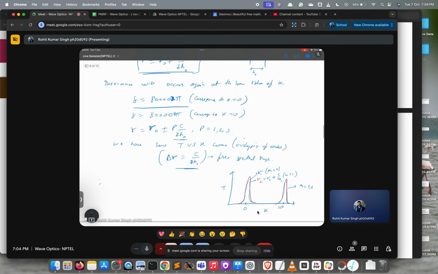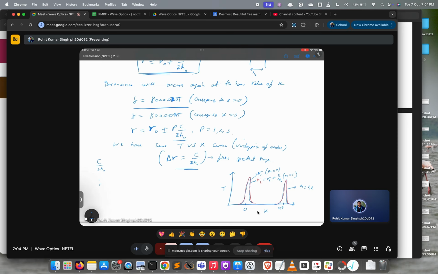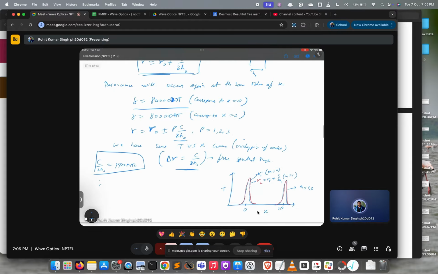But now suppose, what is this value, c by 2h naught? If you calculate for h naught equal to 10 centimeter, we calculated above, right? It is 1500 megahertz. But instead of changing the frequency by 1500 megahertz, what if you change it by, let's say, 300 megahertz? So now I am plotting the same curve.